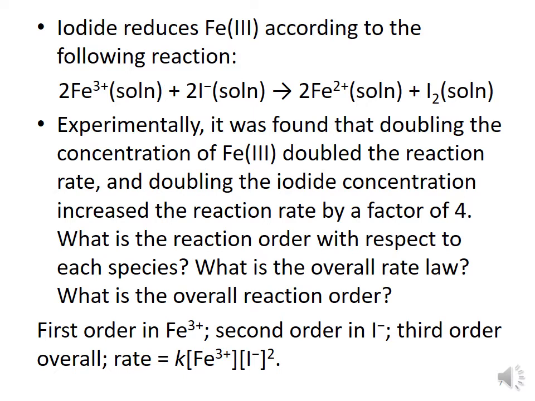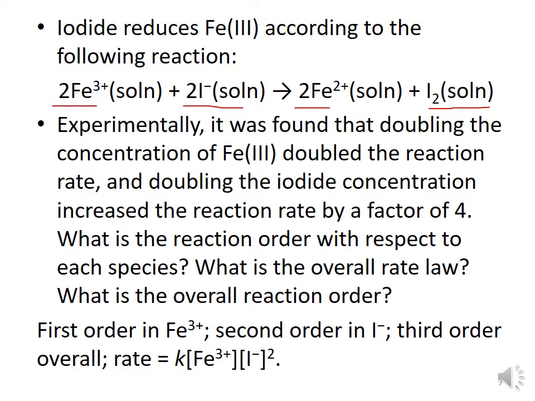This is the reaction which is the reduction of ferric by iodide. Two molecules of ferric react with two molecules of iodide to give two molecules of ferrous and iodine in solution.